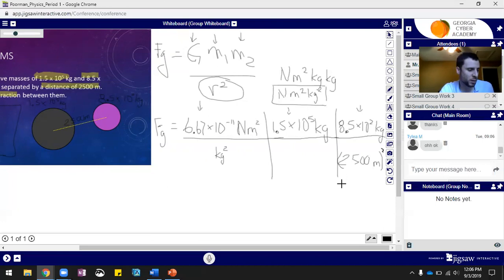And I'm just going to simplify that right down here, put it in scientific notation, 6.25 times 10 to the 6th, and meters. But we're not quite done. Not quite done because we have this square, right? So it's meters squared. Looks like I'm running out of room right here. Let's see if I can move it.